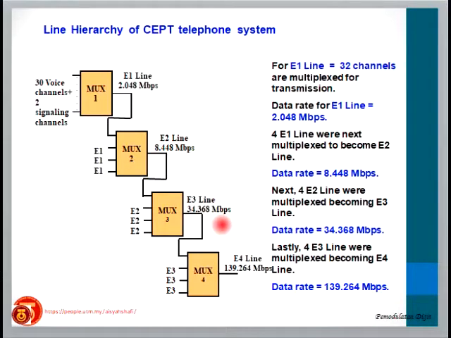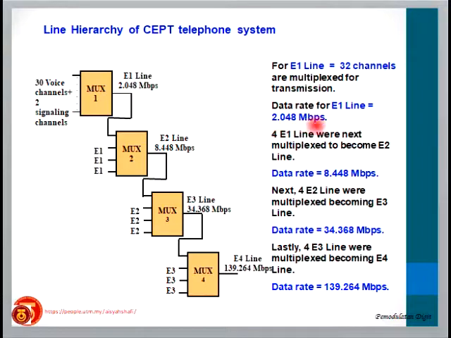So the line hierarchy for the CEPT telephone system: 30 voice channels and 2 signaling channels will be multiplexed together to get the E1 line. That is 2.048 megabits per second, because in the E1 line there are 32 channels.